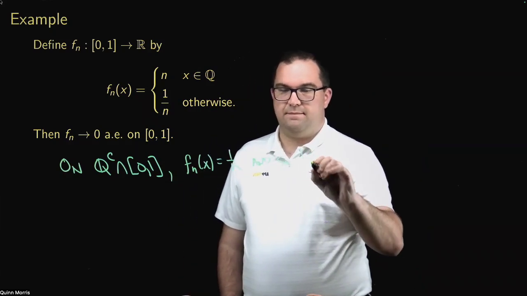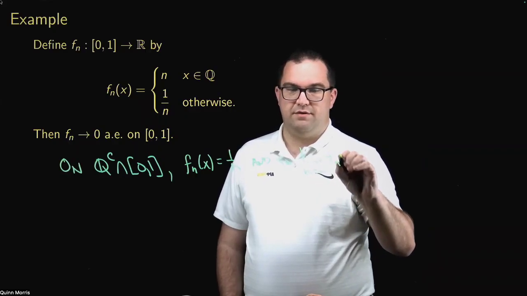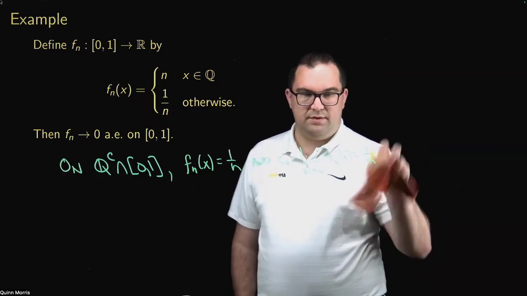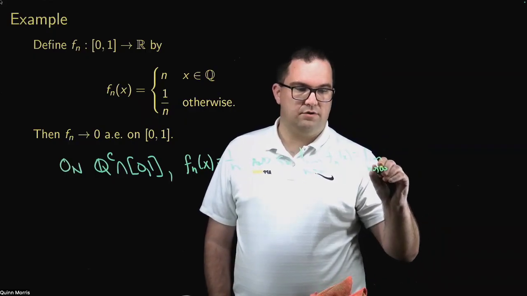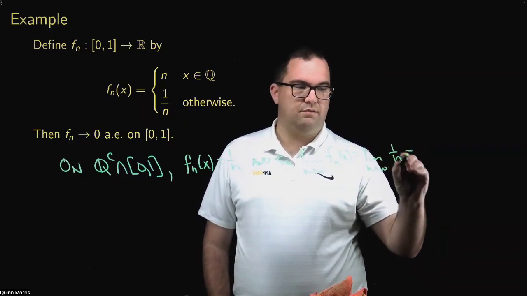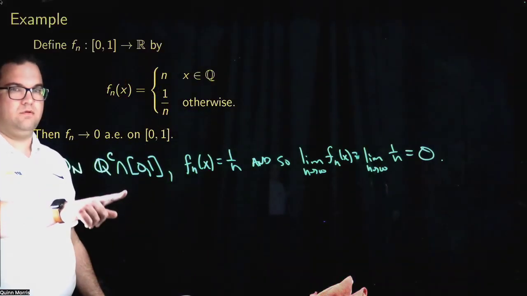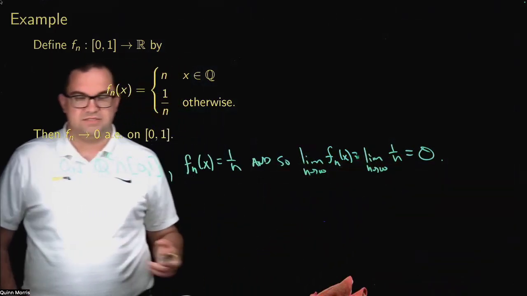And so the limit as n goes to infinity of f sub n of x is equal to the limit as n goes to infinity of 1 over n, which is simply 0. So on the irrationals between 0 and 1, this is converging pointwise to 0.